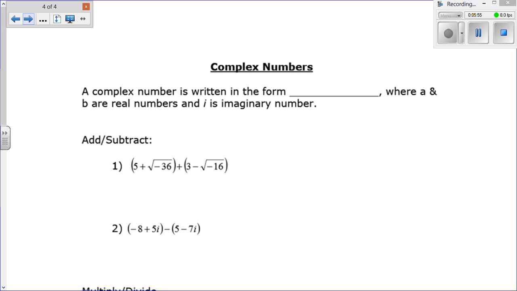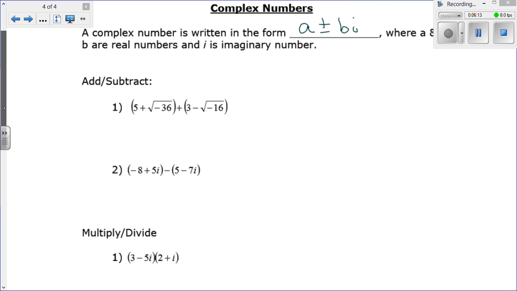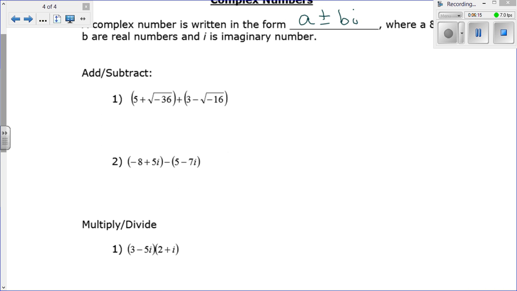All right, a complex number is written in the form a plus or minus bi, where a and b are real numbers and i is the imaginary number. So in order to add and subtract, first I have to simplify if I can.